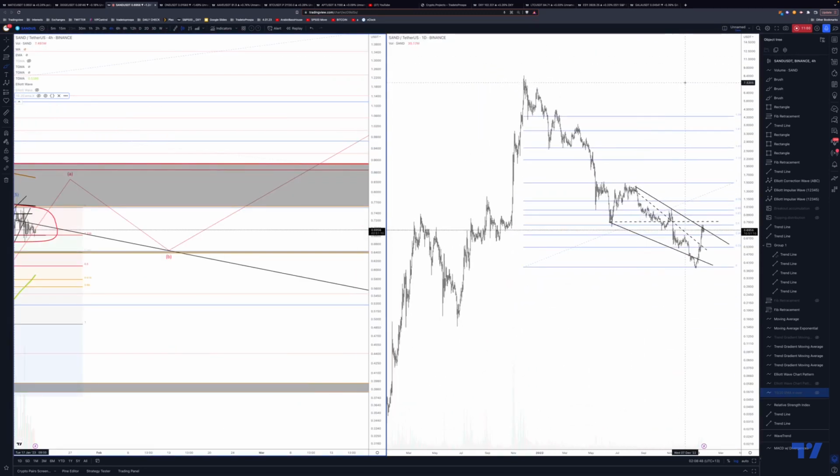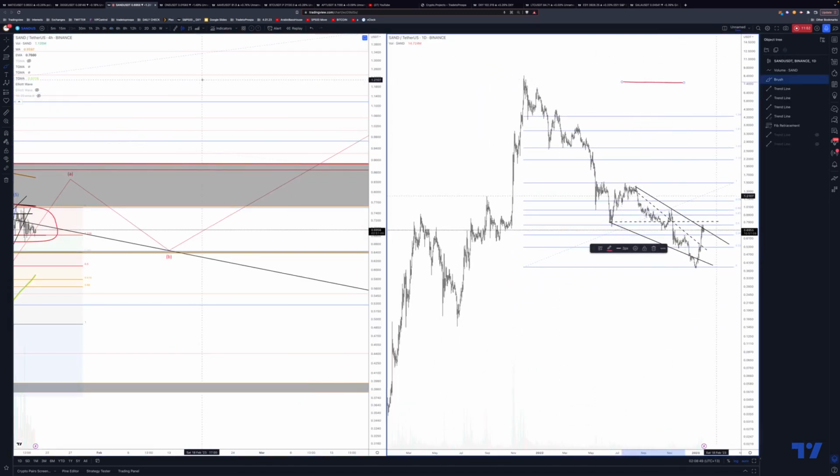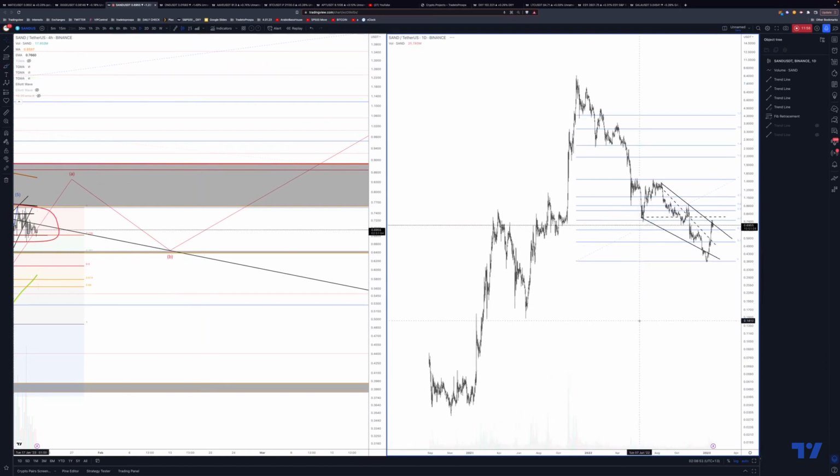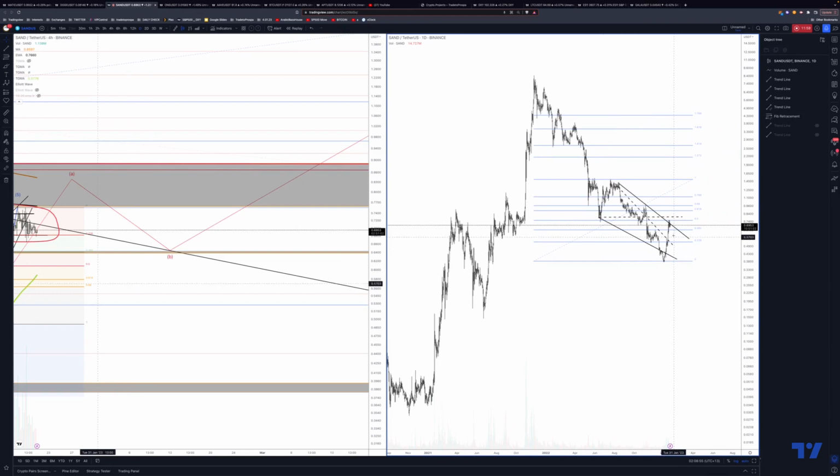I was looking at it, and again, 0.5. I think that level is more likely to be resistance. That's another level. But we've got that. Again, it's confluence with the other 0.618 as well.